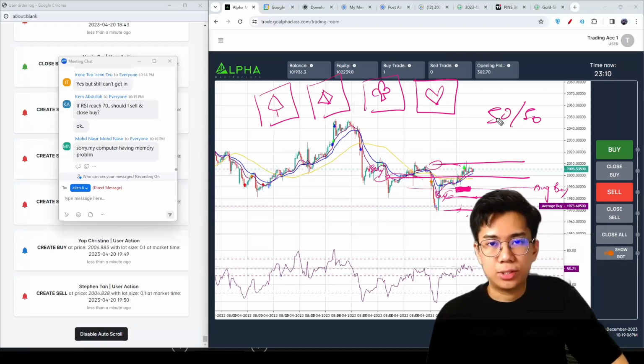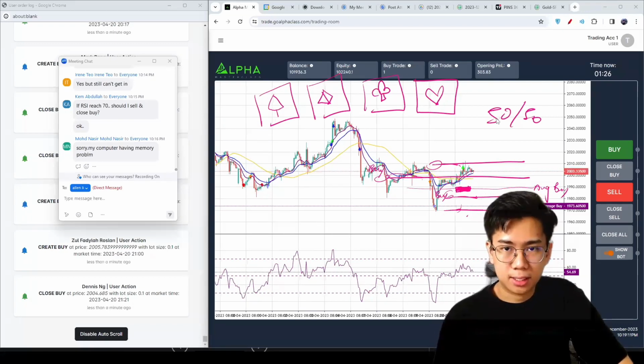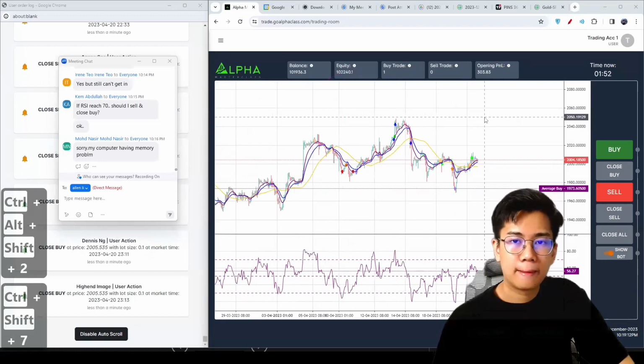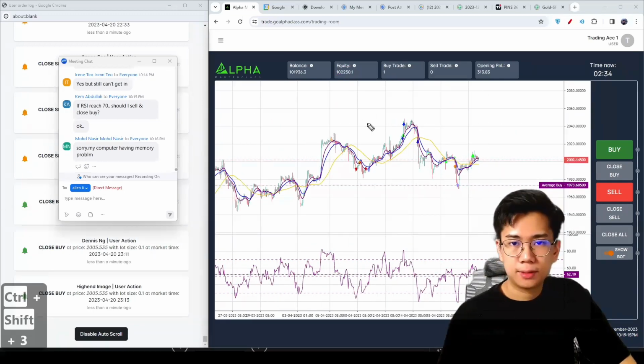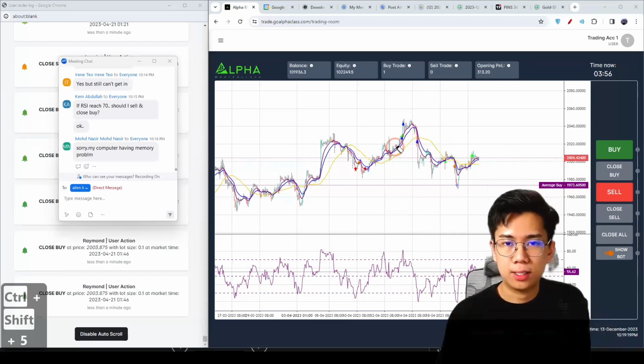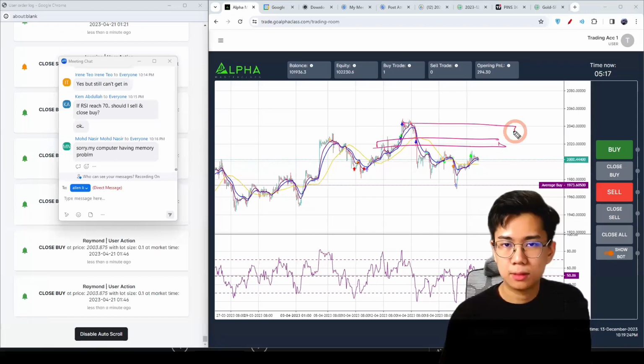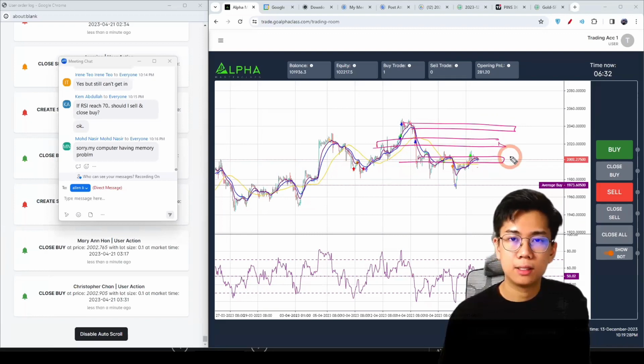Sometimes exiting trades could be based on normal support and resistance. Tomorrow I'm going to explain how to exit a trade more accurately, but you can exit here, or here. If you are buying, you can exit here as well. There are many ways.